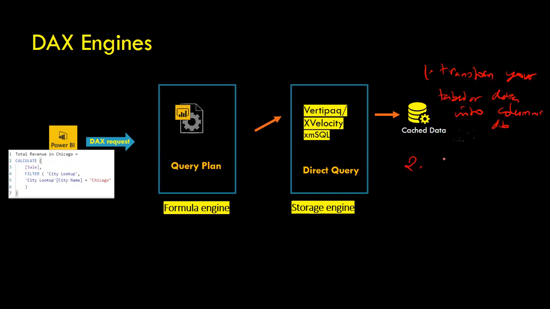The second thing is it compresses the data, and the third thing is it loads the data in memory. Very simple. The X velocity does this job behind the scenes in the case of import mode.